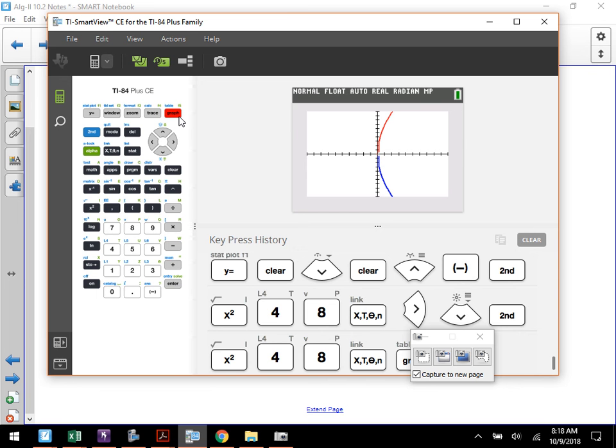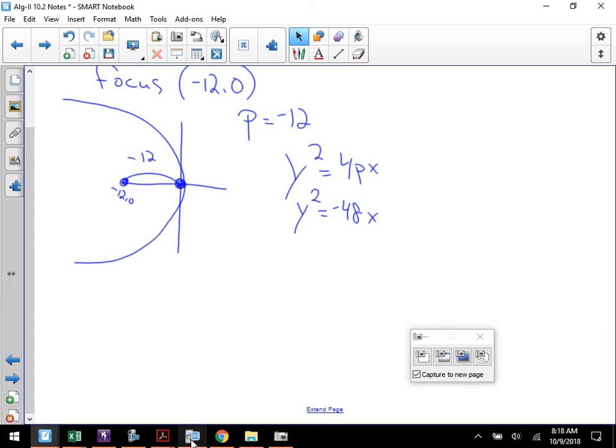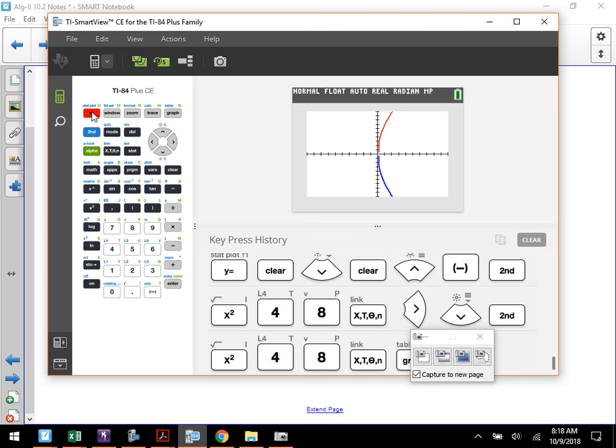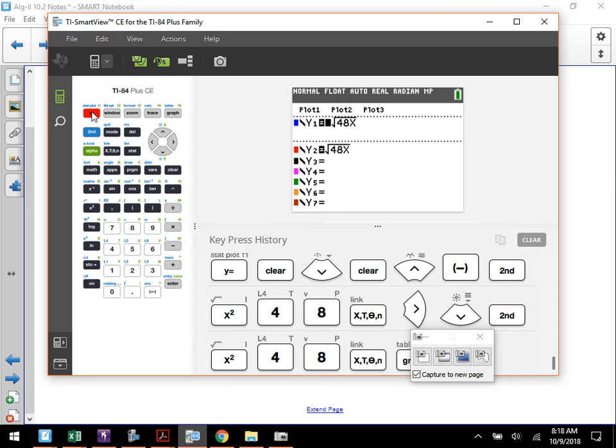Sorry, because it was a negative in there. Why did that flip? Huh. That was weird. Did I type that in right? I don't know why that doesn't work right. Whatever. But we know what's left.